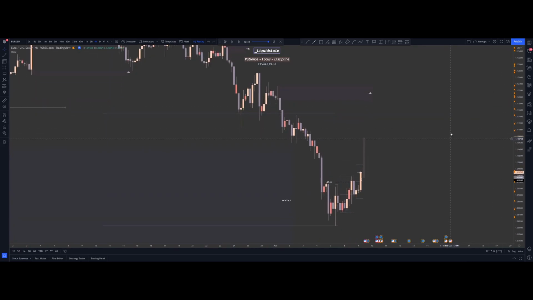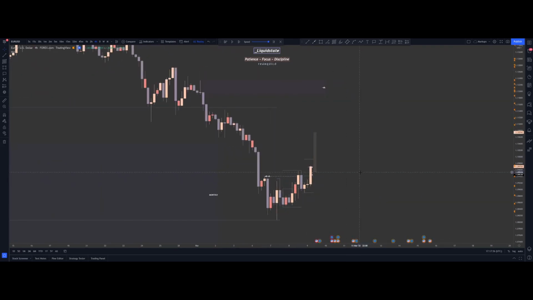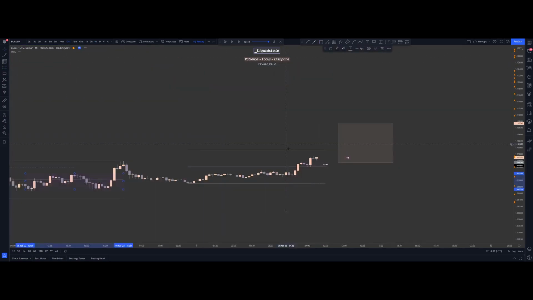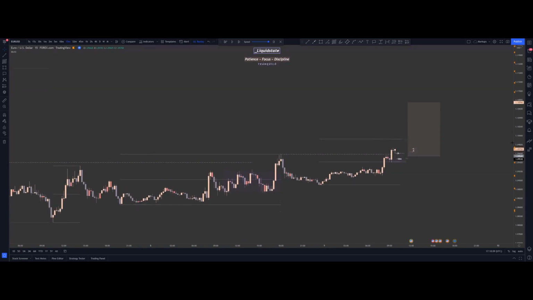On the 4-hour change of character, this doesn't really apply to this trade, but you can see what caused the change of character here, within these wicks. And then on the 15M, I imagine it's a decent bit clearer.